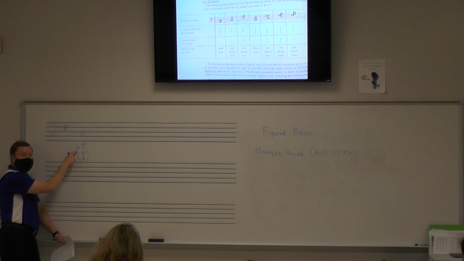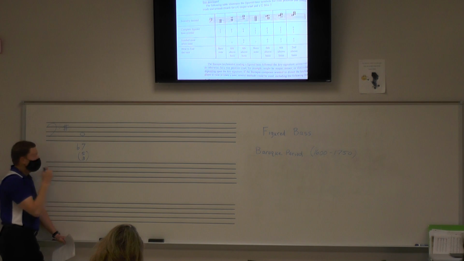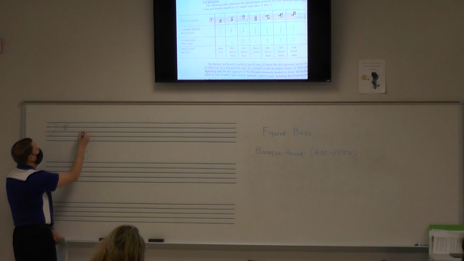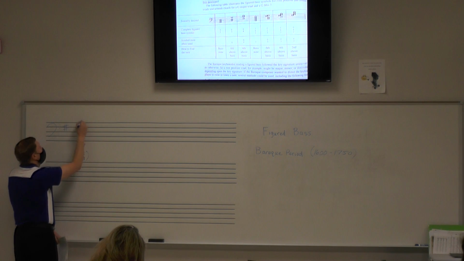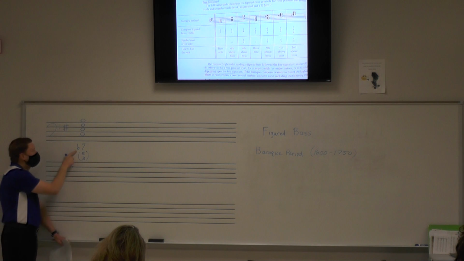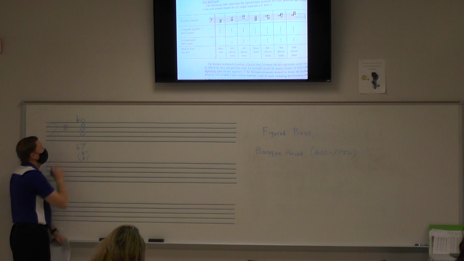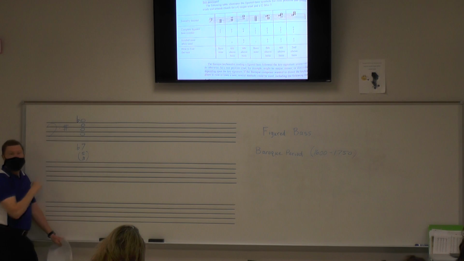If I didn't have the flat, I would have 7, 5, 3, but because there's a flat next to the 7, I actually place that exact accidental on the note a 7th above the bass.